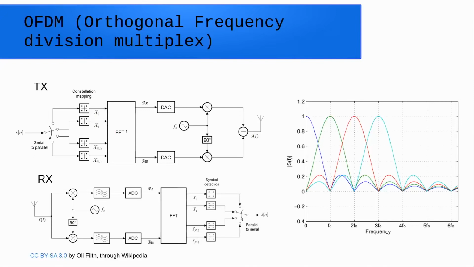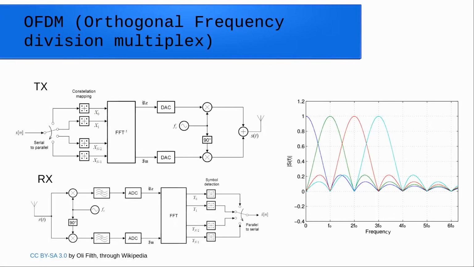For example, multipath propagation often causes destructive interferences. So some of your carriers here actually are in a destructive interference part. So they are actually attenuated a lot.